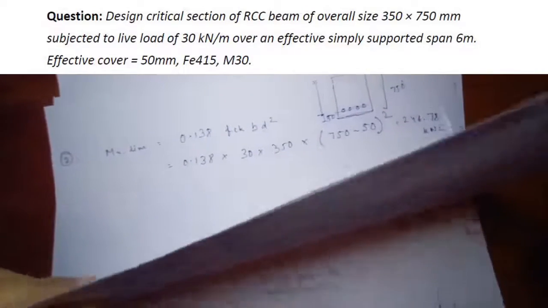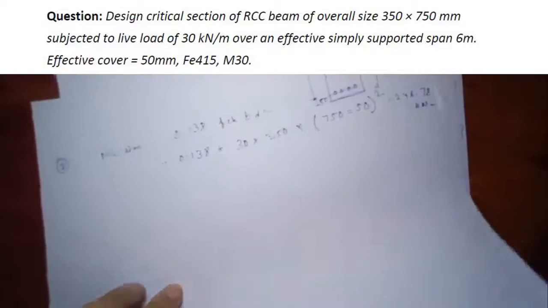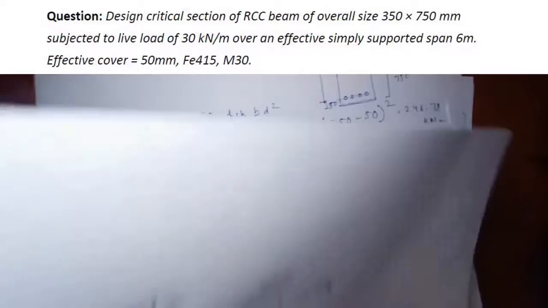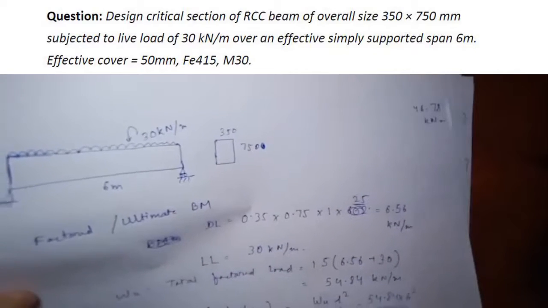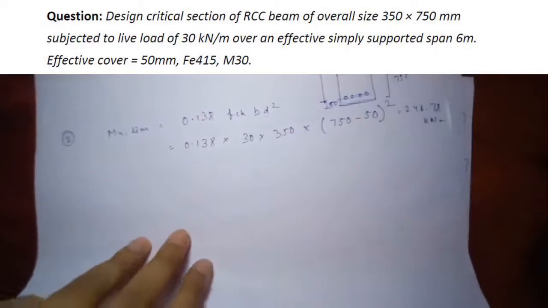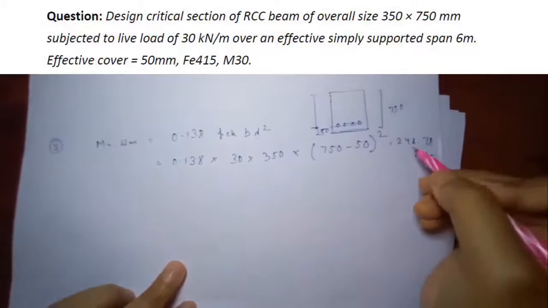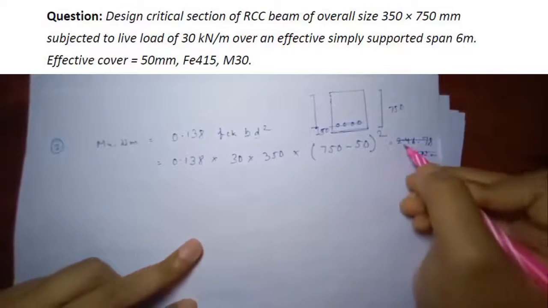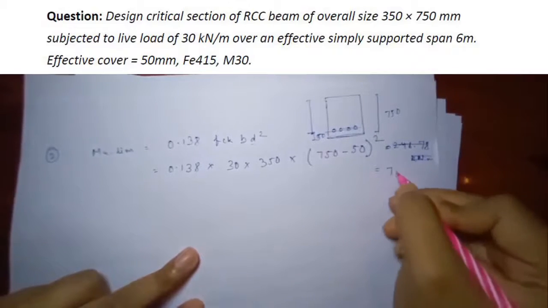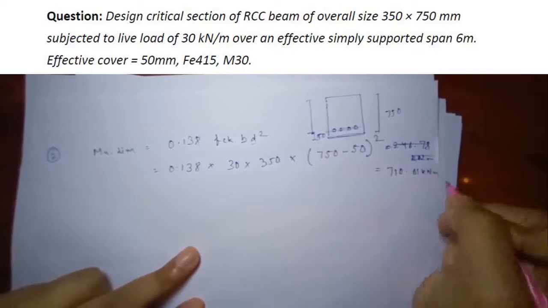So I got BMU equal to this 246.78, sorry, this is not 246.78, this is equal to 710.01 kilonewton meter.